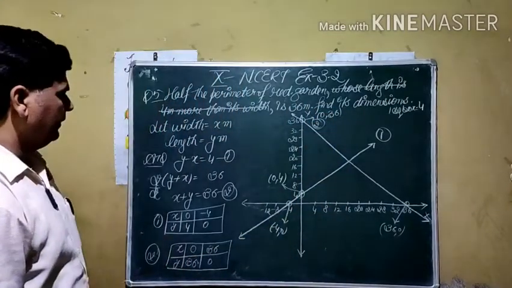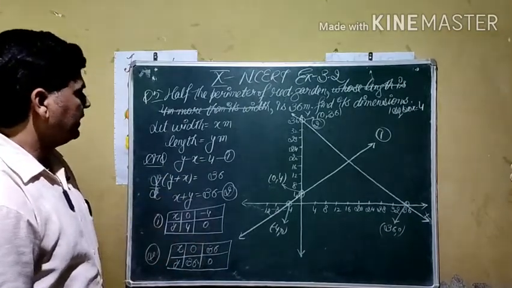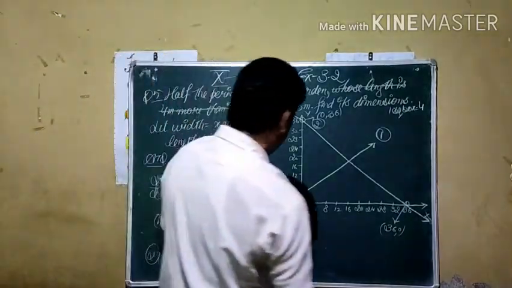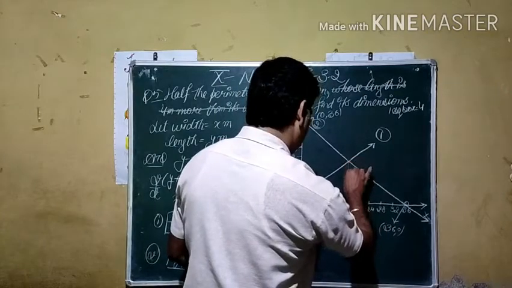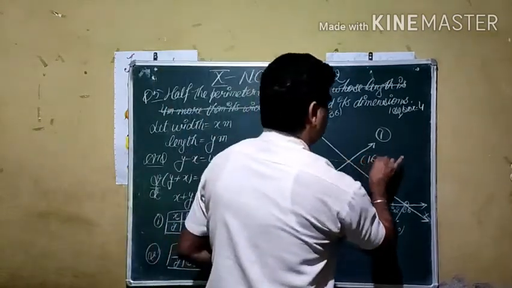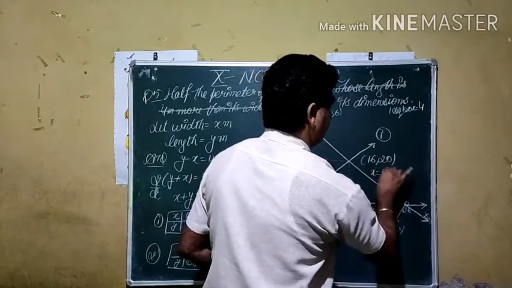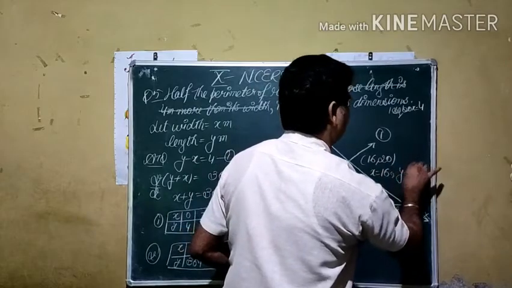Here the difference of the two numbers is 4 and the sum of the two numbers is 36. Approximately, we get the intersection at 16, 20. This means the value of x is 16 and y is 20.